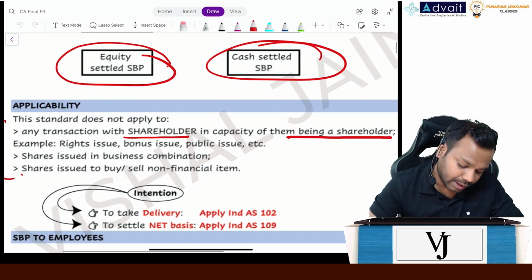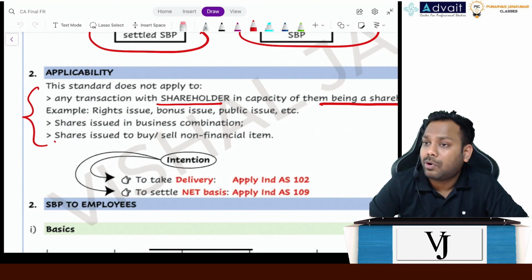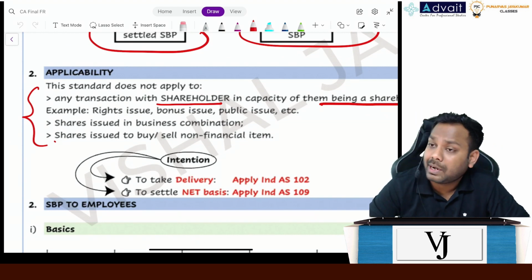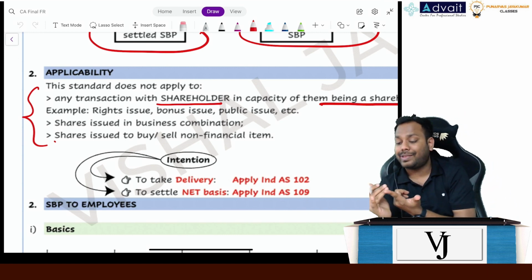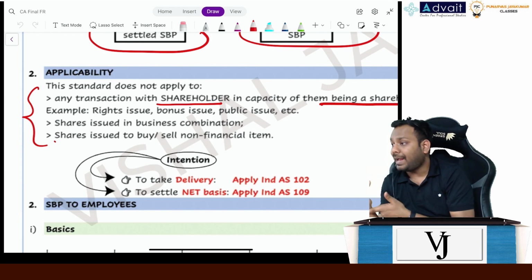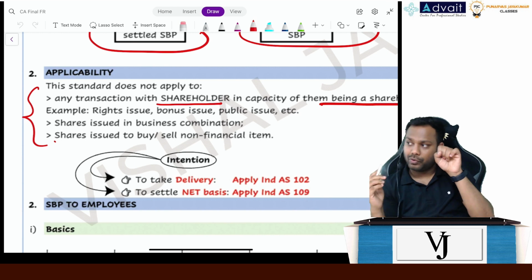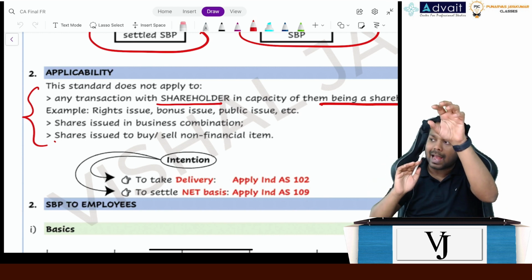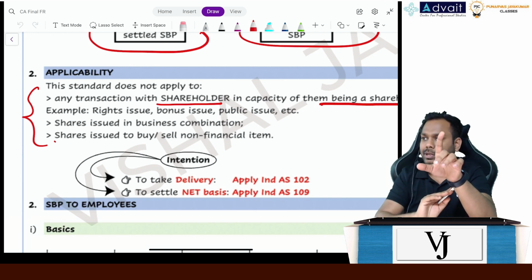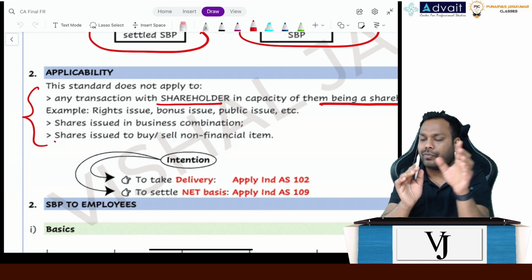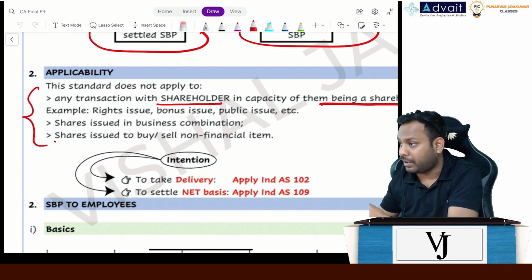Now, in financial instruments, you would have studied a concept called executory contracts. Can you remember that? Whenever there is a contract to buy or sell a non-financial item and we are taking the delivery of that, we said that whenever we take the actual physical delivery of the non-financial item, that is covered under a separate standard, and if we do net settlement, that is covered as part of Ind AS 109 derivative contracts, right?